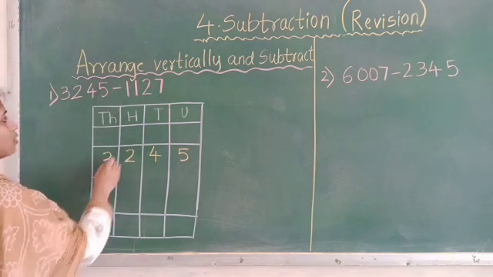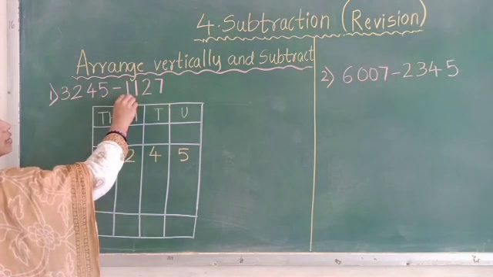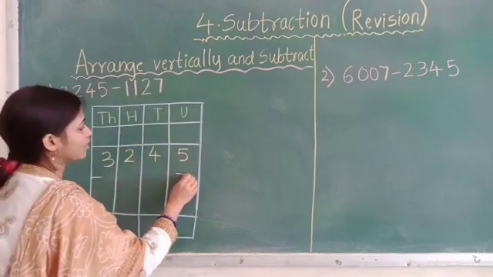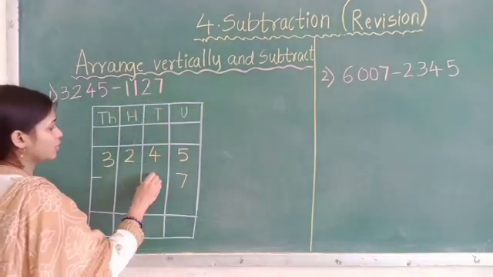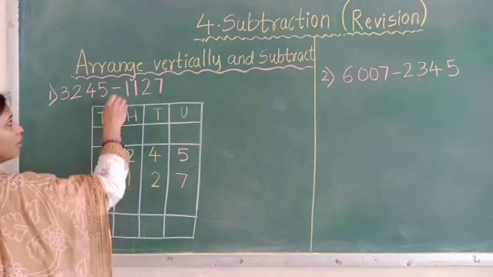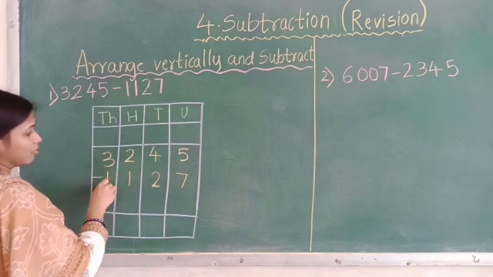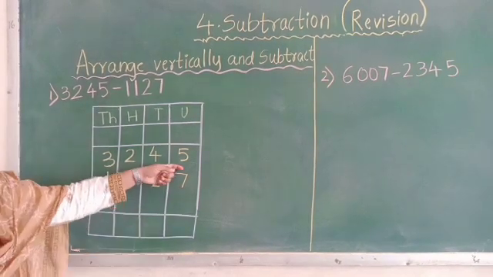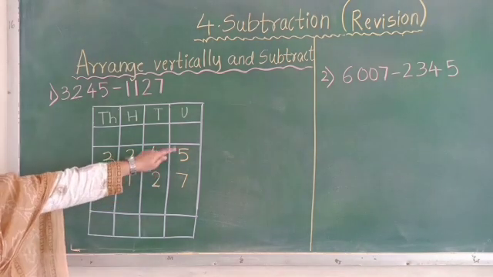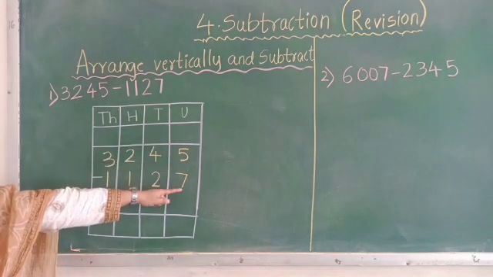Subtract minus. What is the other number? 1127. So 7 we write in the units place, 2 in the tens place, 1 in the hundreds place and 1 in the thousands place. Now we have to subtract. Let us start from the units place. 5 minus 7.